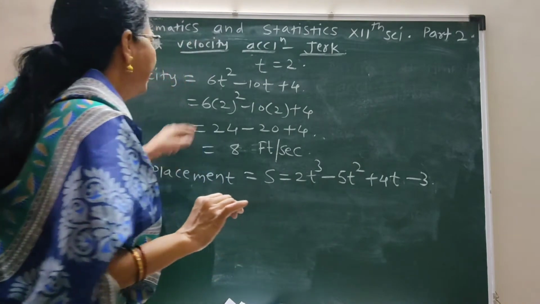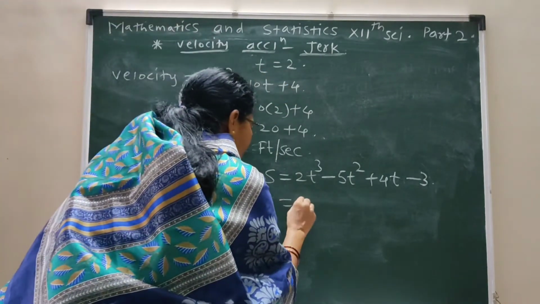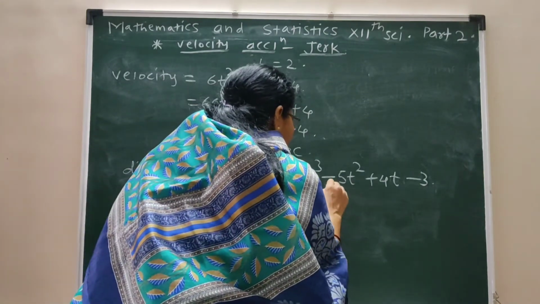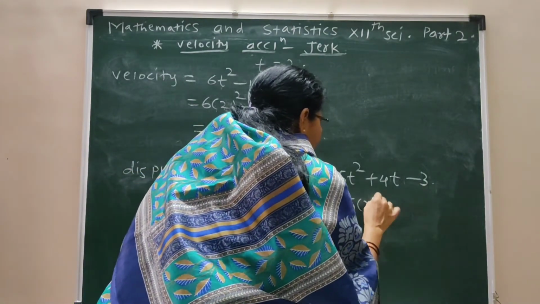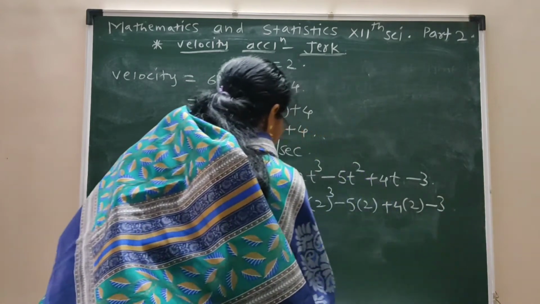Now displacement at time t equal to 2 we have to find. So it is 2 into 2 cube minus 5 into 2 square plus 4 into 2 minus 3.